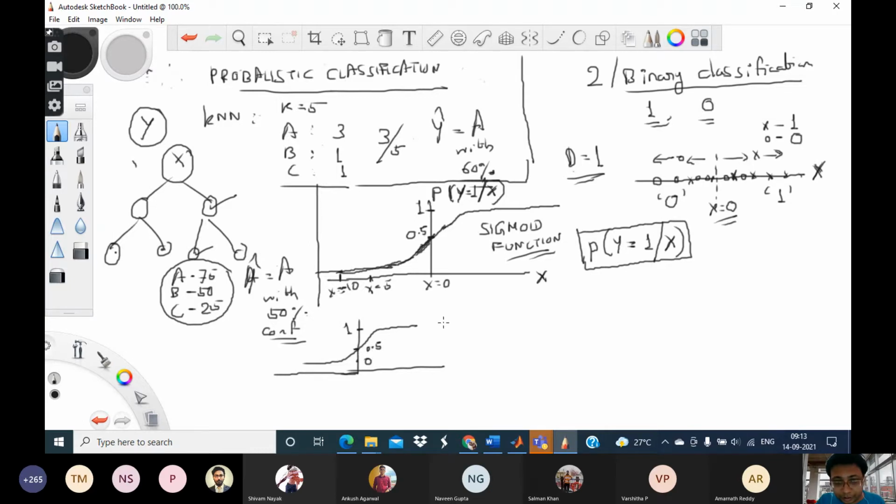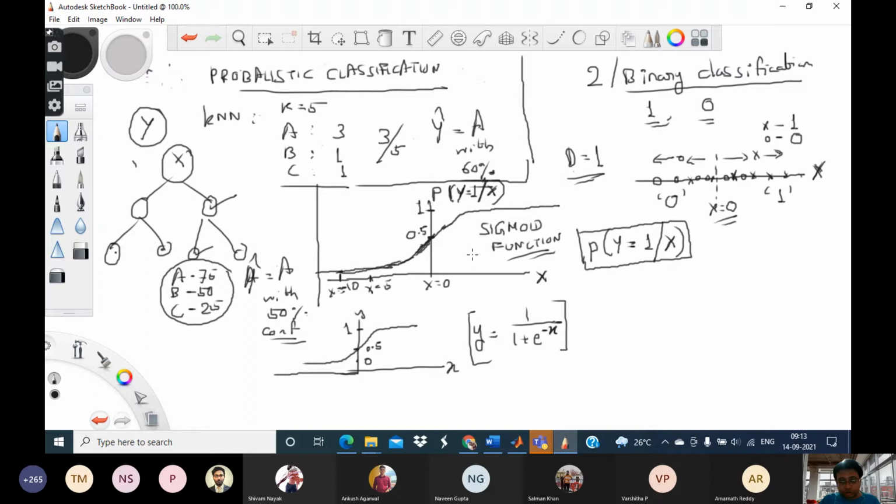The expression of the sigmoid function is as follows. If I call this x and this y, then y equals 1 over 1 plus e to the minus x. This is the sigmoid function.